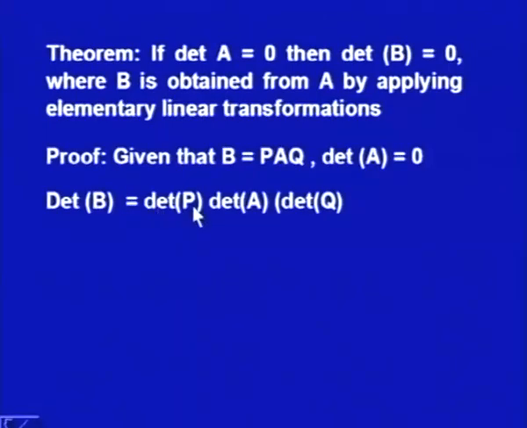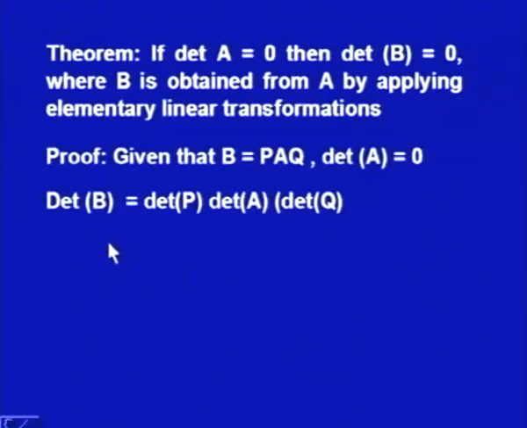So, determinant P is not 0, determinant Q is not 0, and these determinants are simply numbers. A product of 3 numbers is 0 only if one of them is 0. Determinant Q is not 0, determinant P is not 0. So, we have only one alternative, that determinant A is 0, so determinant B is equal to 0. So, determinant B is equal to 0 when determinant A is equal to 0.